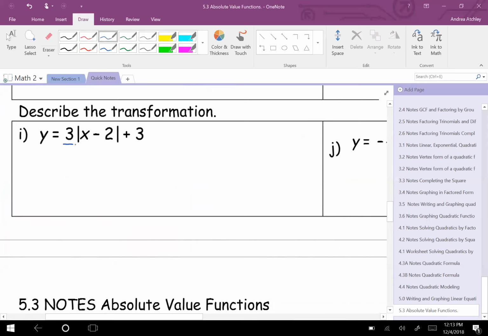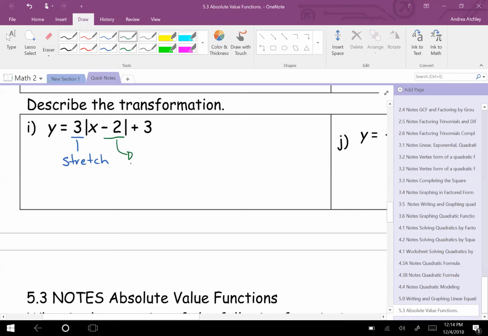So the 3 is the A value. The A value is greater than 1, so it is a stretch. The negative 2 is the X value. So it's going to move to the right 2.